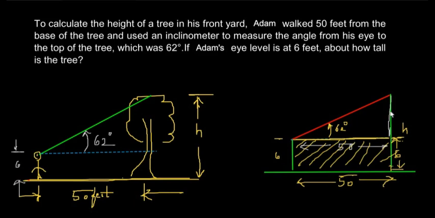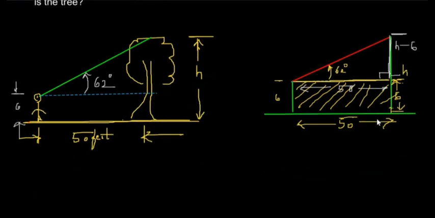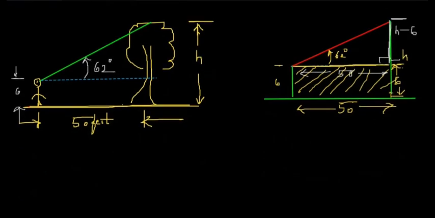Now what about this height? Since the total height was h and out of that 6 is removed, the remaining height is going to be h minus 6. So let me draw this right angle triangle once more for a proper understanding.